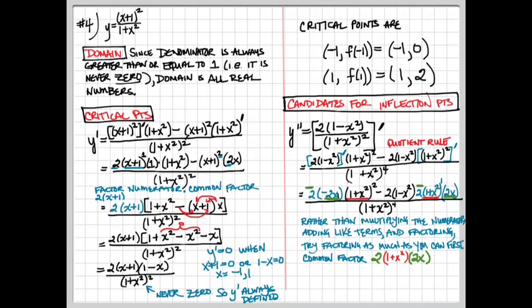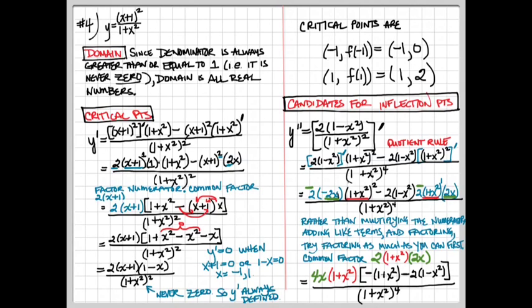So let's factor out a 4x times 1 plus x squared. When you do this, in the first term you're left with negative 1 plus x squared. In the second term you're left with minus, the minus from here, 2 times 1 minus x squared. And still we're all divided by 1 plus x squared to the 4th power.